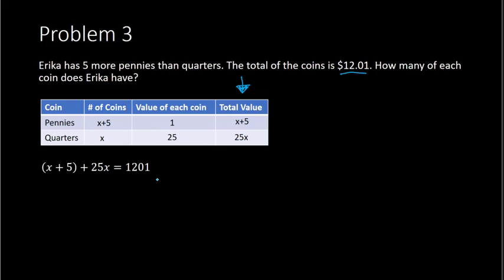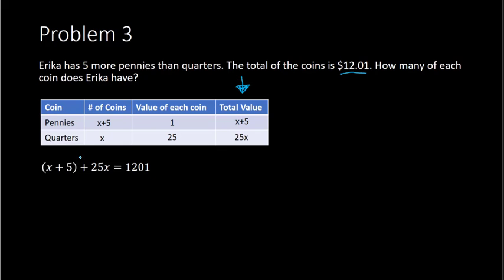Make sure that we convert the dollars into cents, because that is what we have in the table. A penny is 1 cent, a quarter is 25 cents, so everything is in cents. So $12.01 would be 1,201 cents.